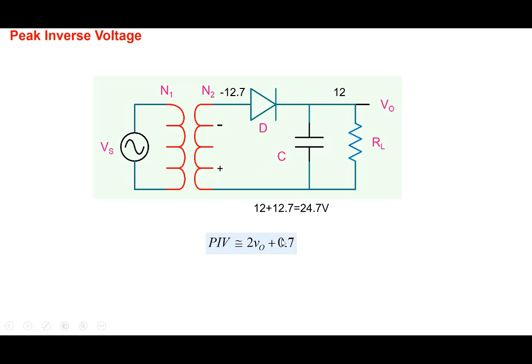Note that the amount of reverse bias on the diode keeps changing, and the maximum amount of reverse bias will occur when, because on this side the voltage is fixed to 12, the voltage on the other side goes to its maximum negative value, which is minus 12.7. That's when the peak inverse voltage on the diode occurs, equal to 2 V0. So we have to choose a diode with a peak inverse voltage larger than 24.7 volts.